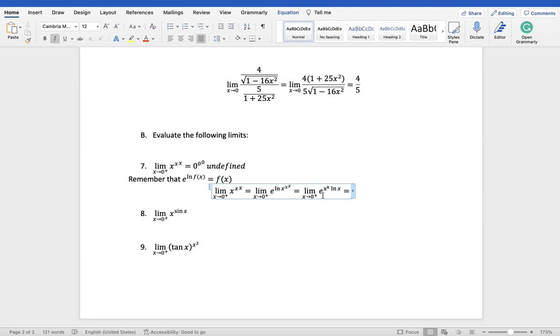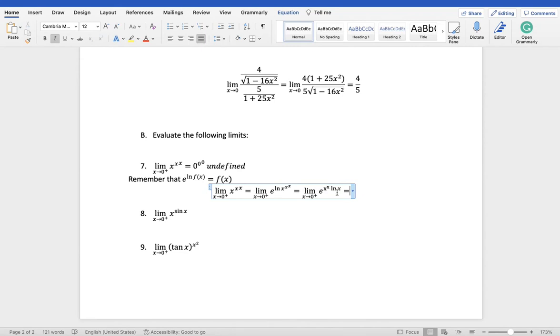So now what you have is the limit as x tends to 0 from the positive side of e to the x to the x times ln x. And again, remember, here, you can basically break it down, or rather, you can just bring in the limit sign.